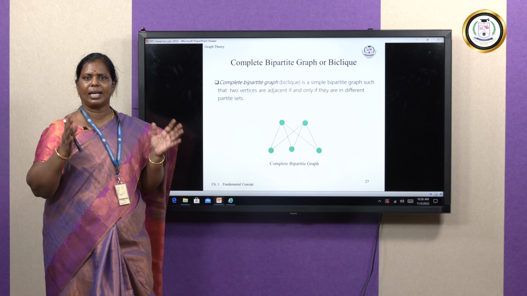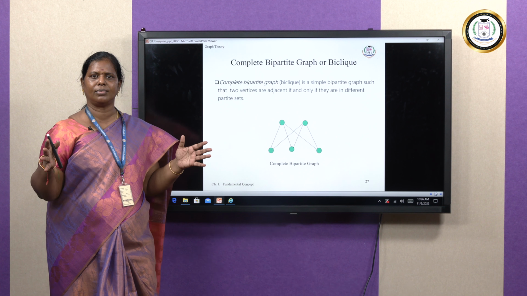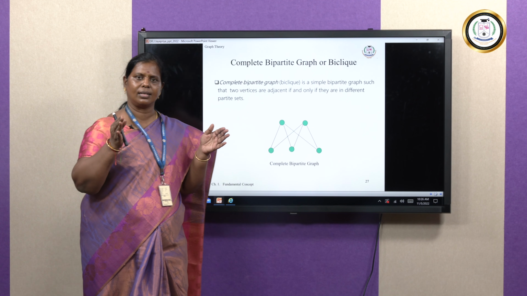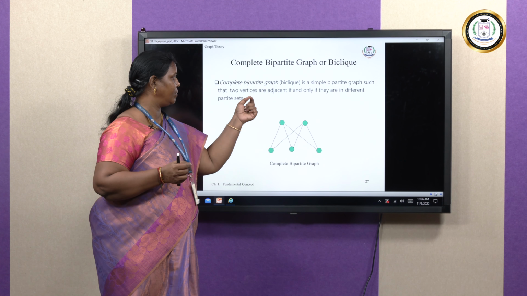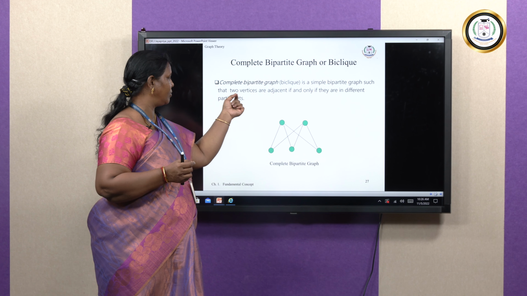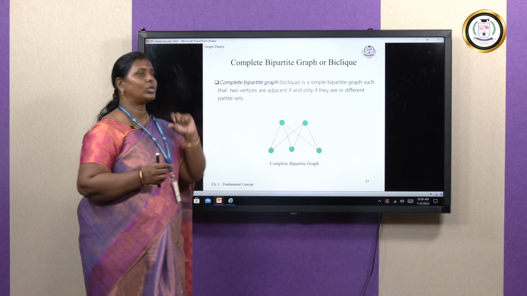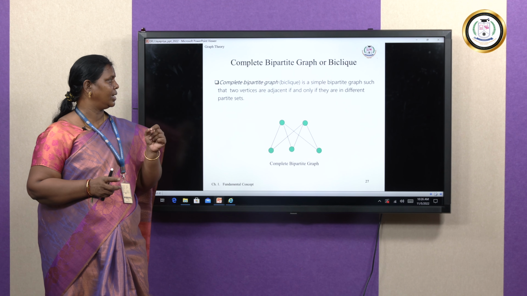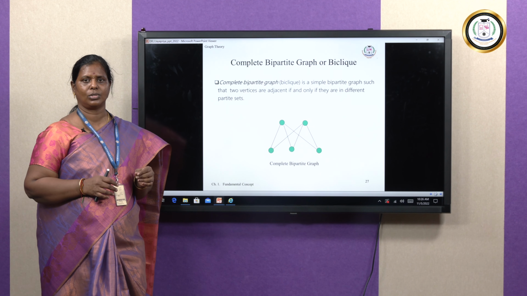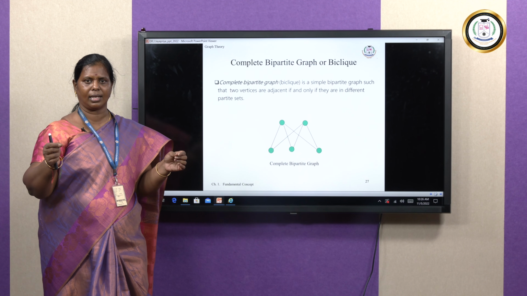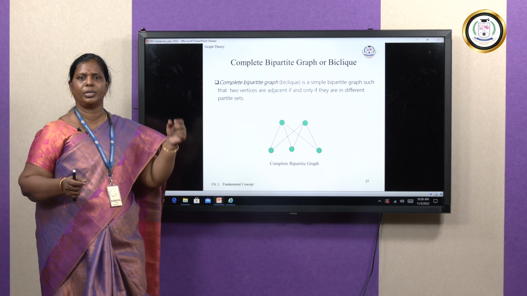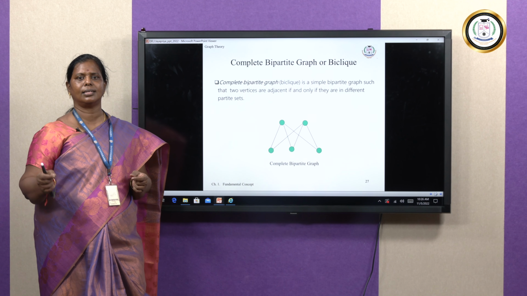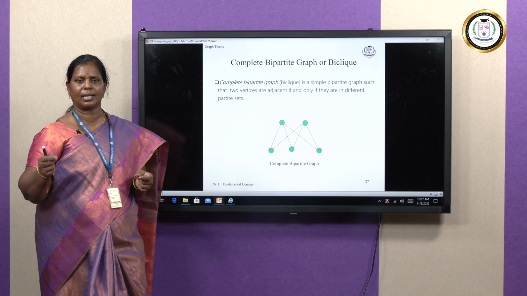So, if in a graph we are able to partition the vertices such that two vertices are adjacent if and only if they are in different parted sets, then whenever you take an edge, one of the vertices should be in the first parted set and the other vertex should be in the second parted set.